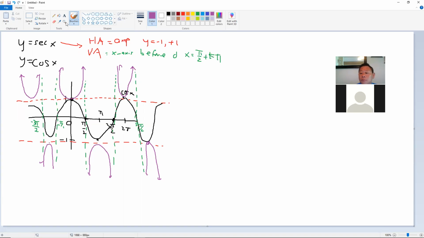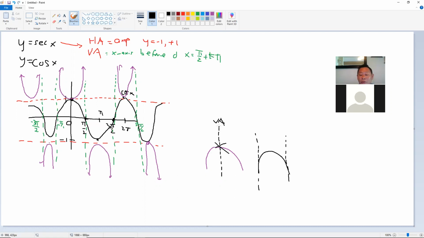Now, one thing I want to point out here is that when you draw this vertical asymptote, let's say your cosine graph is this one. If your vertical asymptote crosses in the middle like this, it is wrong. Usually when you have a whole mountain, your vertical asymptote is always bounded by the whole thing. So it will never cross in the middle like this.